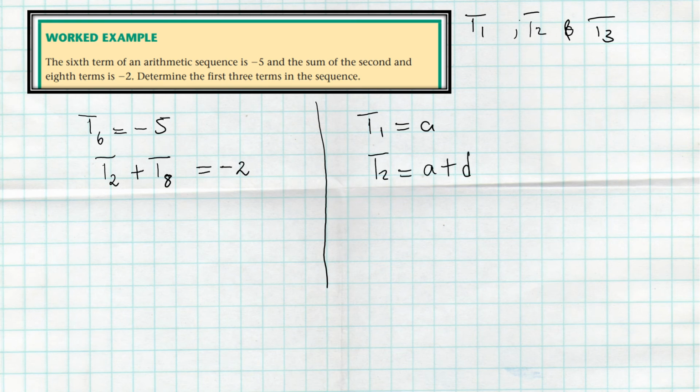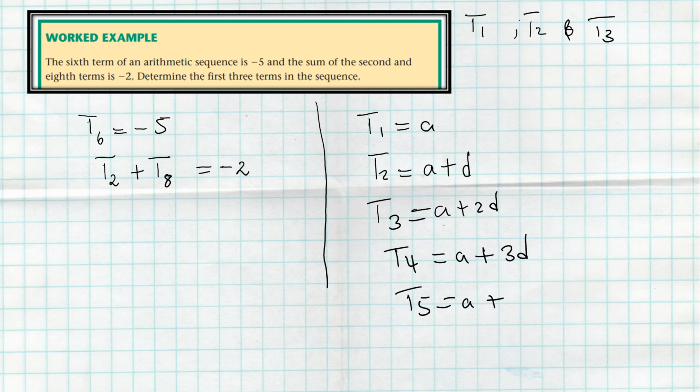It will be A plus D. Term number 3, we go on term number 2 and add D, so it will be A plus 2D. Term number 4 will be A plus 3D. Term number 5 will be A plus 4D.